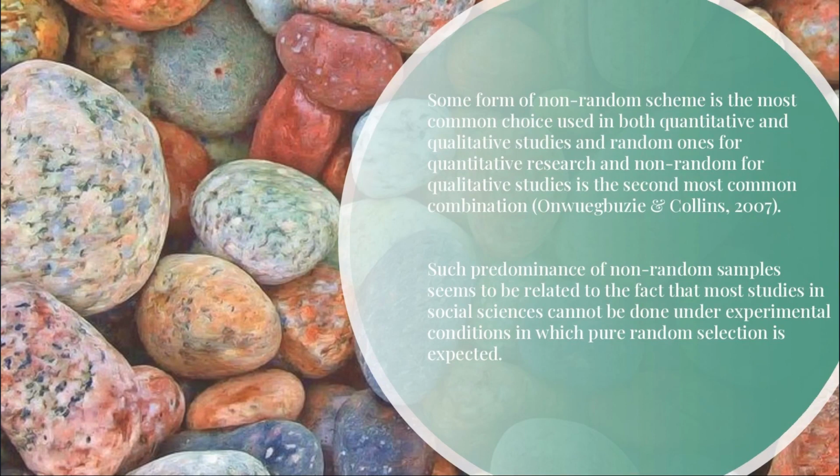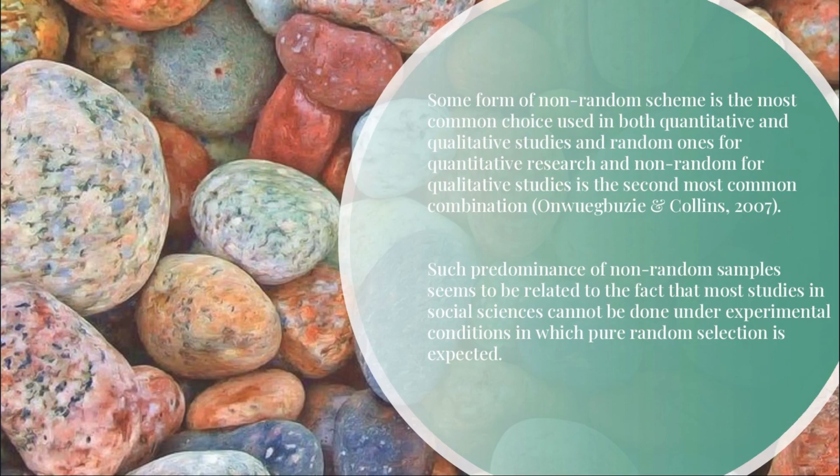Analysis of the sampling scheme used in both quantitative and qualitative study have shown that the most used sampling schemes are non-random ones, and the expected use of random scheme for quantitative studies and non-random ones for qualitative study is in fact the second most frequent occurrence.